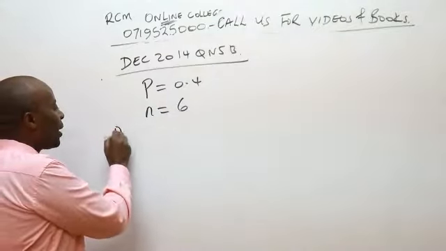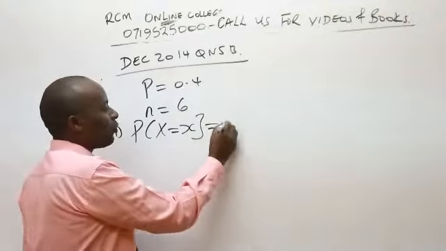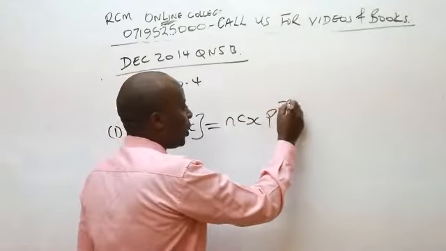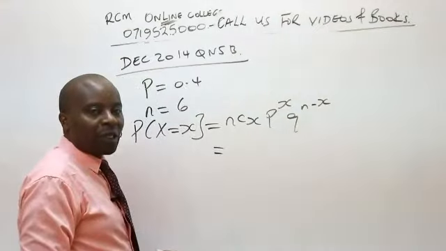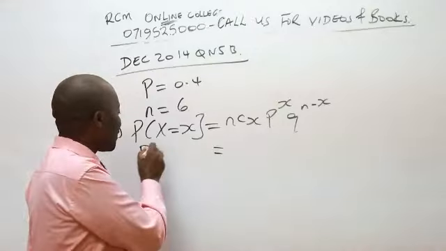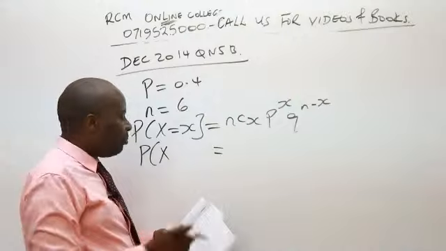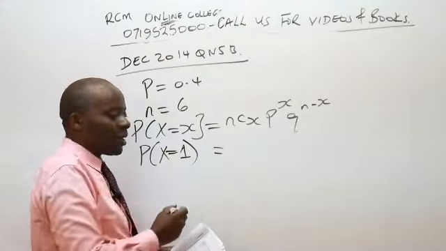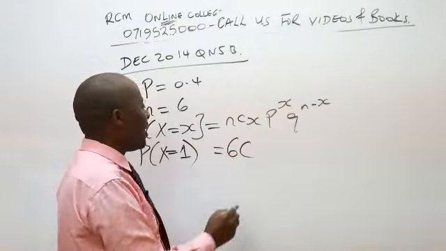So the binomial model, probability of X being equal to x, of course, is n combinations x, p raised to x, q raised to n minus x. Ladies and gentlemen, they want us to give them the probability of X being exactly equal to 1. So our n here is 6, 6 combinations 1.